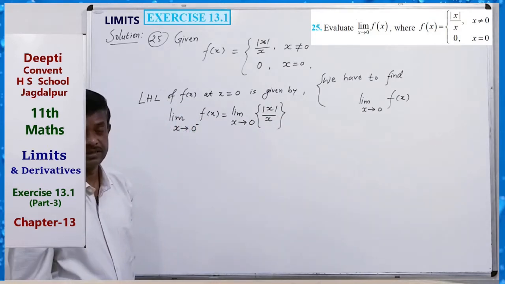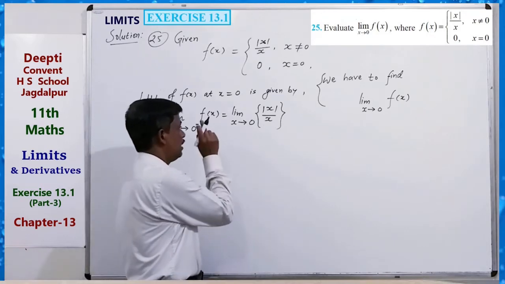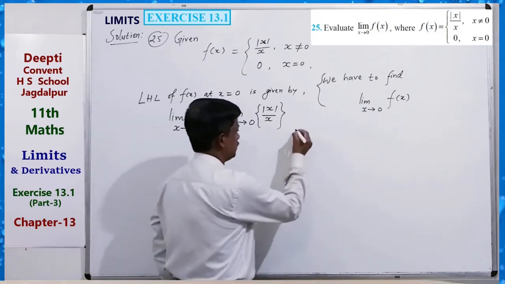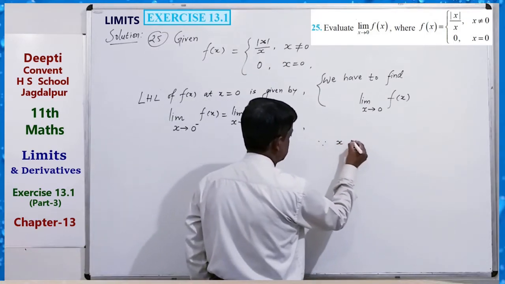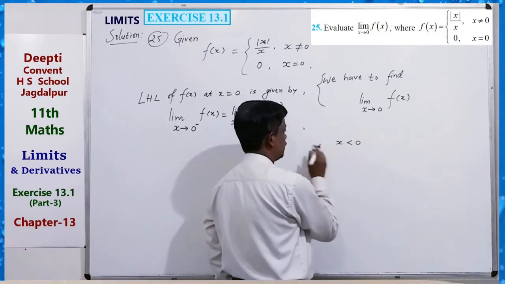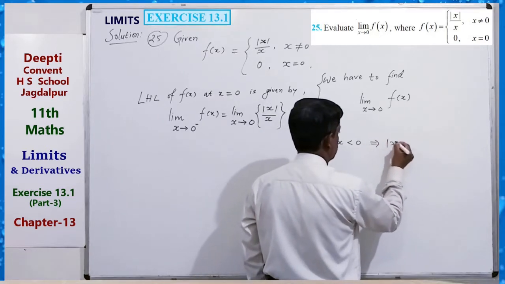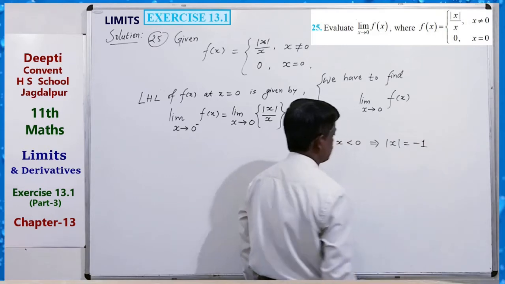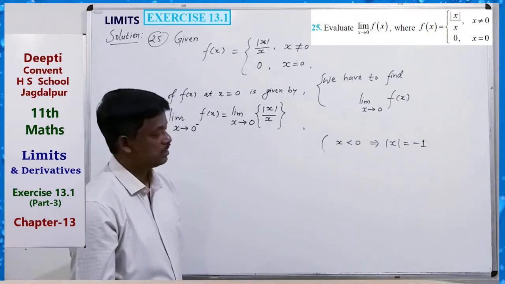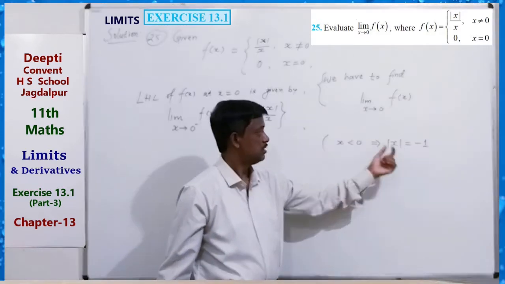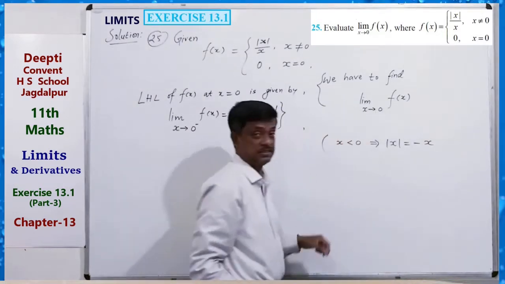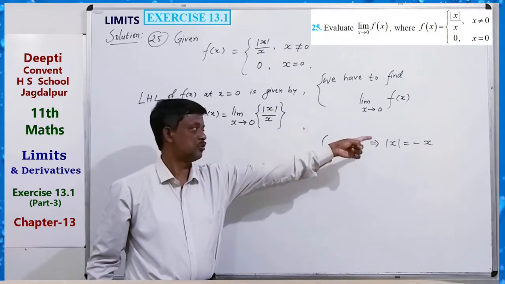Here x is less than 0. Since x is less than 0, this implies mod x equals minus x, because for a negative value, mod x should be positive, so minus x.